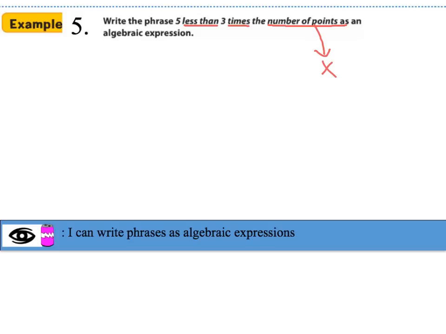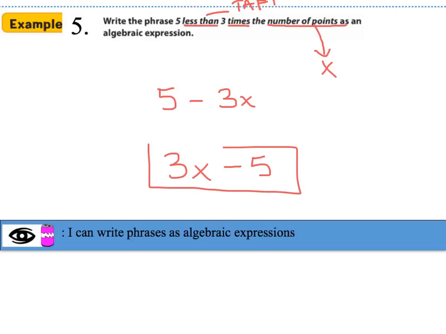So 5 less than, which means subtraction, 3 times a number. But notice this is a taffy word. So we're going to have to flip the order. So we're going to say 3x minus 5. And that's the correct algebraic expression.